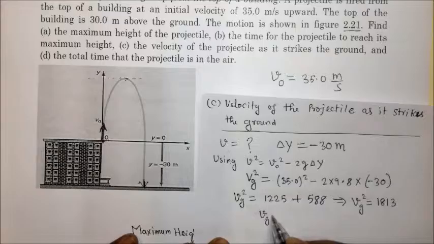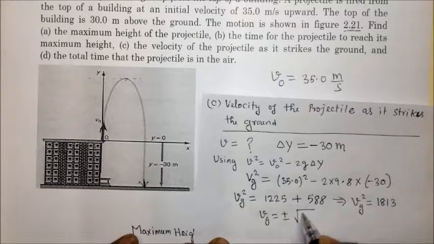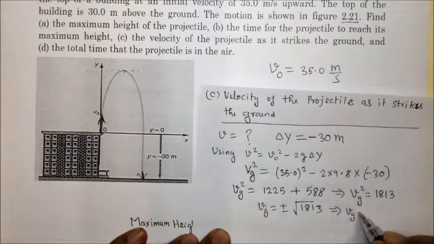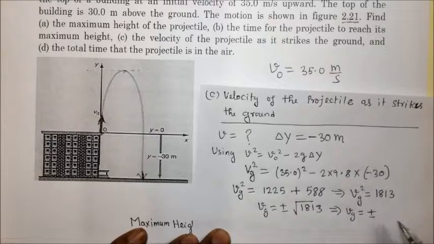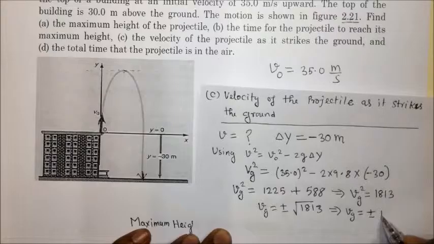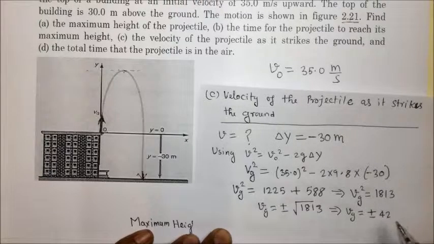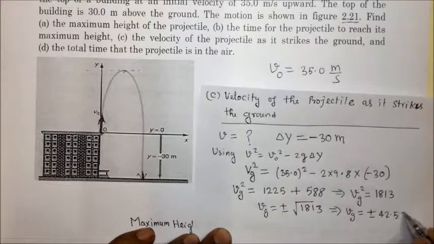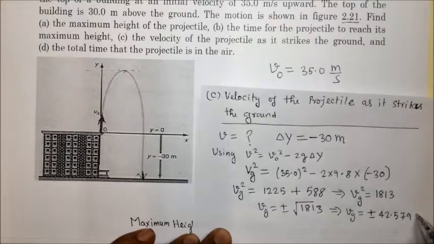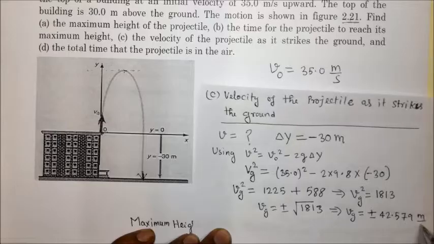So Vg is equal to plus minus square root of 1813. This gives you Vg is equal to plus minus 42.579 meter per second.